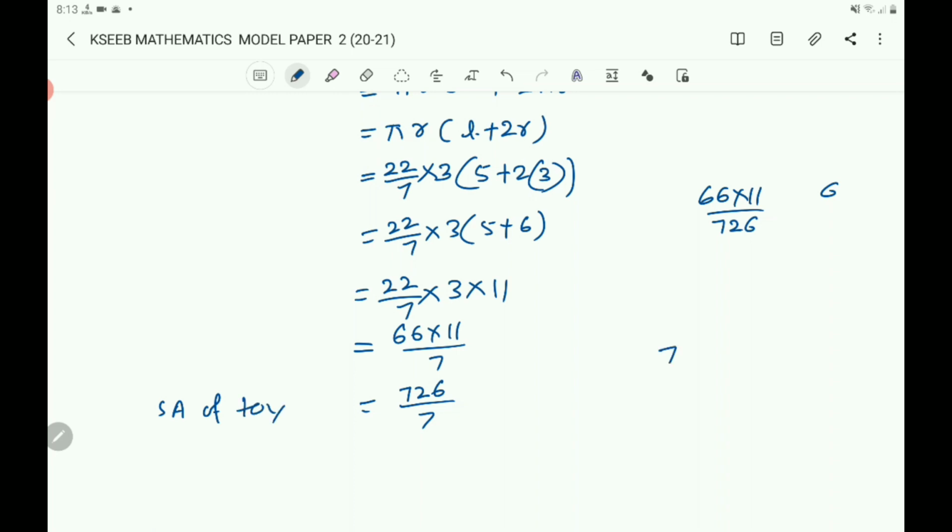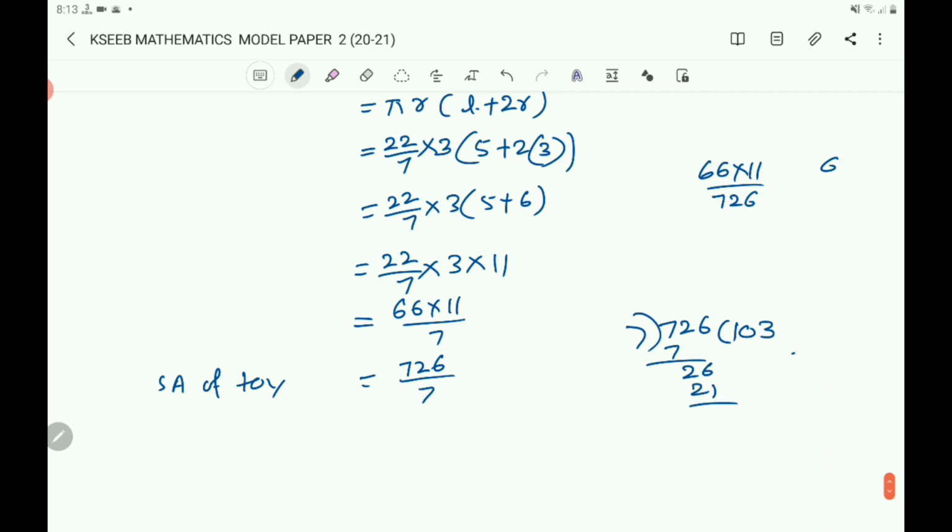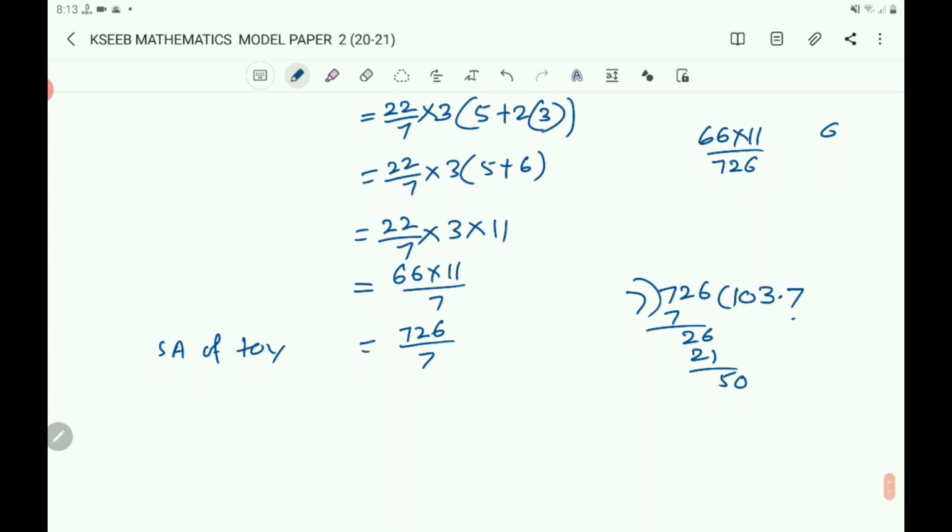Then you can divide it by 7. 7 ones are 7 and 2 is remaining, not divisible, so take this 1 2. Here you can take 2 3s are 21, 5 is remaining. Then 7 7s are 49.